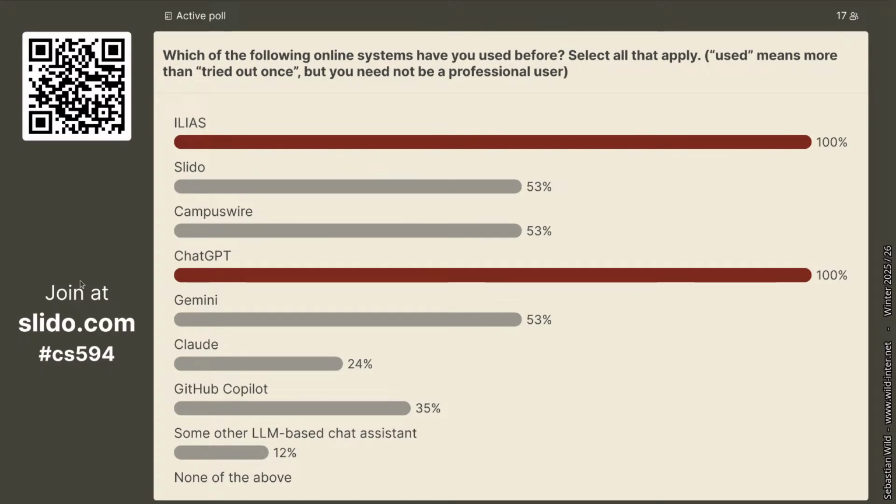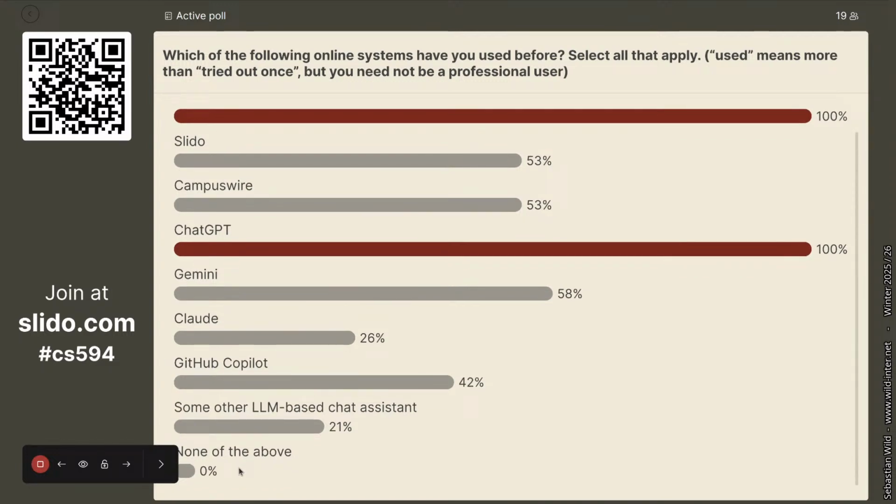But you probably don't survive long in your studies if you've never touched Elias, I guess. And everyone has used ChatGPT, but not so much some of the other tools. That's whatever you want to make from this. None of the above. Okay, I mixed up the two. That would have been surprising.